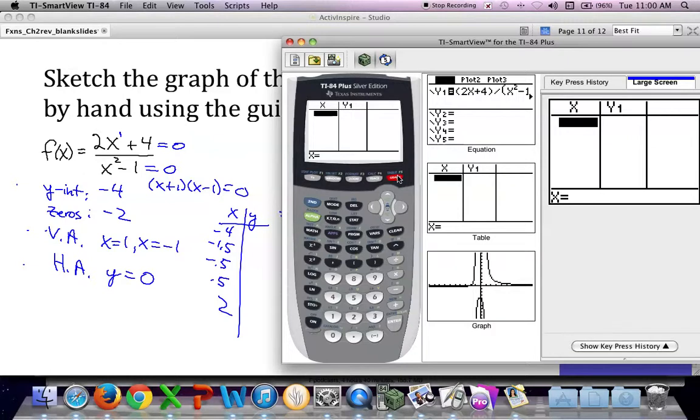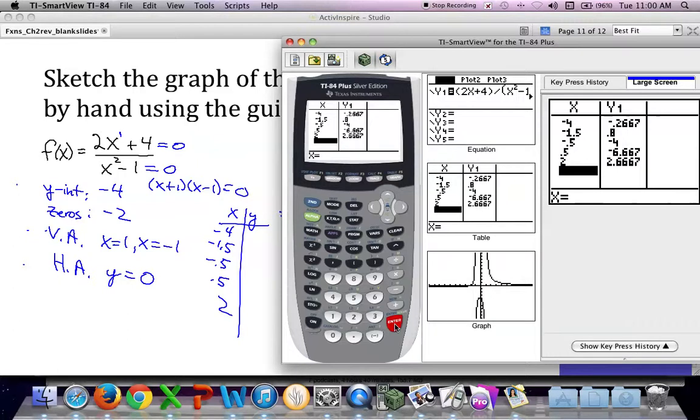Let me put in these points: negative 4, negative 1.5, negative 0.5, positive 0.5, and positive 2. So those are all the values we're going to use.